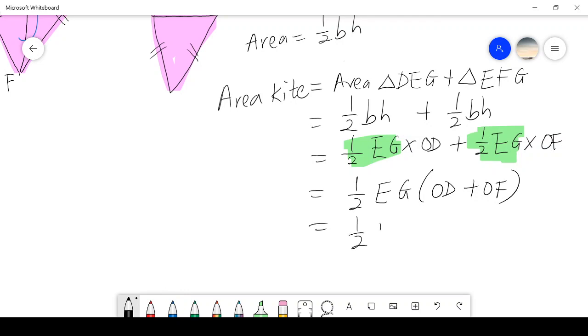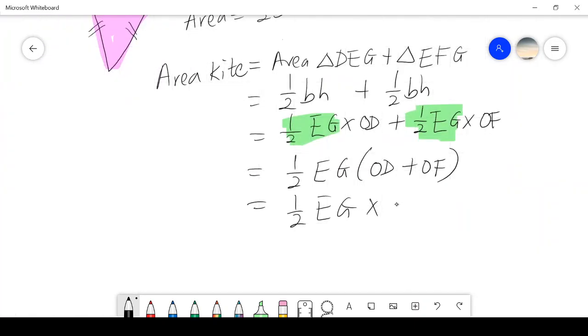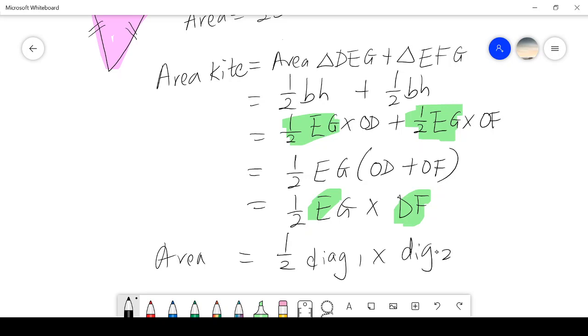So half EG multiplied by DF. And what are EG and DF? They are my diagonals. So the area of my kite is equal to half the product of diagonal 1 times diagonal 2. That's the formula of a kite.